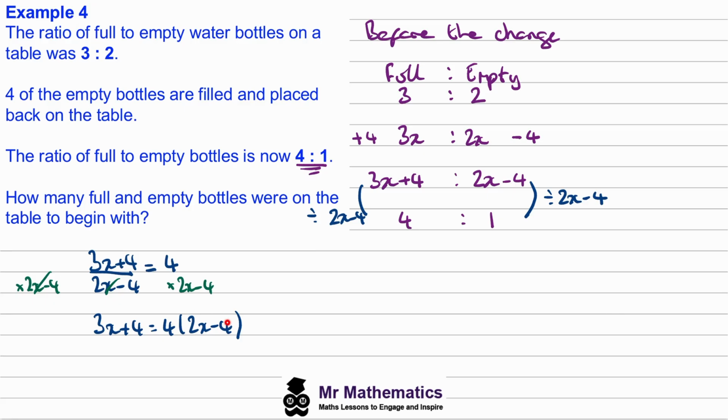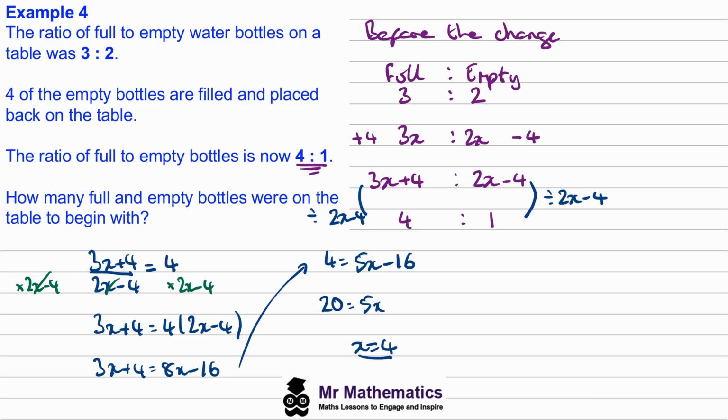And now we can expand out this bracket. So we'll get 8x minus 16. And now we can solve this equation. We'll move the 3x's to the right-hand side. So we'll get 4 will be equal to 5x minus 16. We'll add 16 to both sides. And then we'll get x will equal 4.